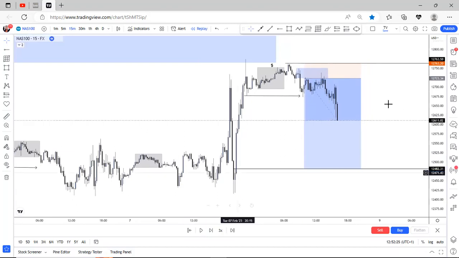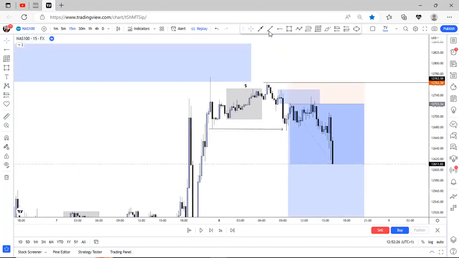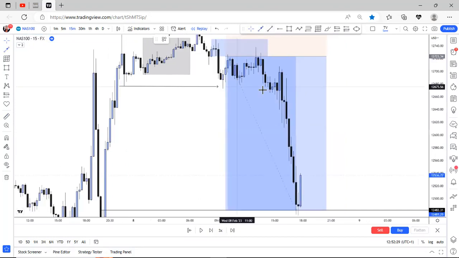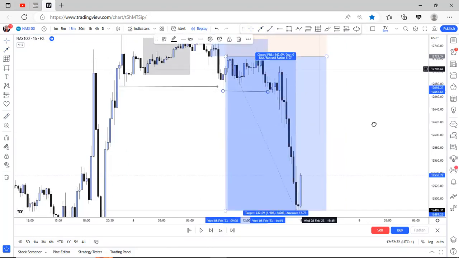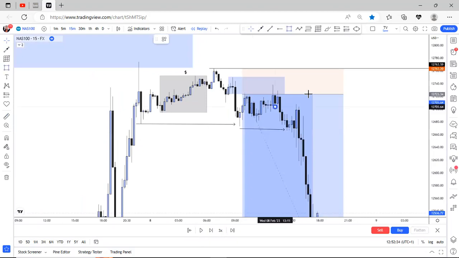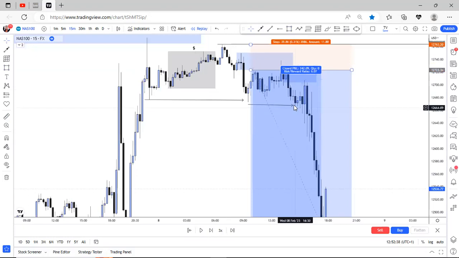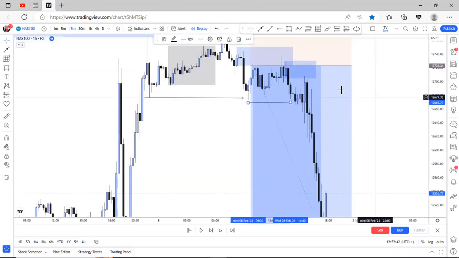Okay, so at this particular point again, we had another break of structure right here. As you can see, our market came back up here to mitigate this level. I wanted to get into another trade right here, but I just decided to ignore it as I have open trades on my GBP USD and Euro USD at this time also.